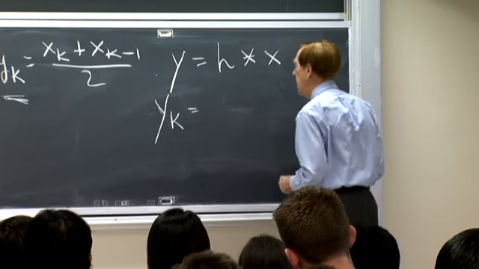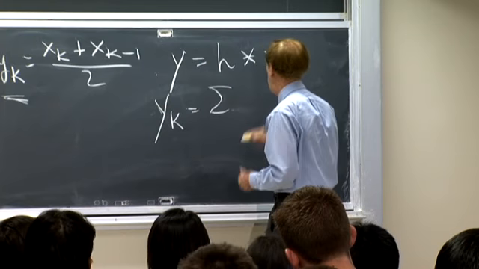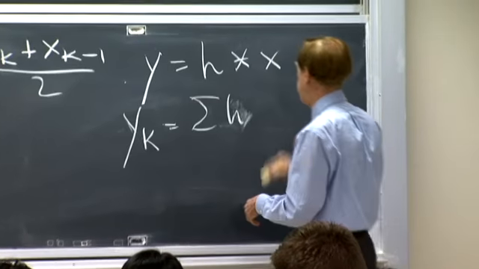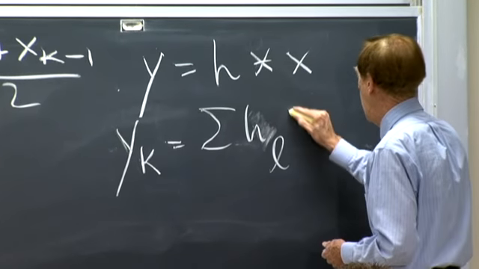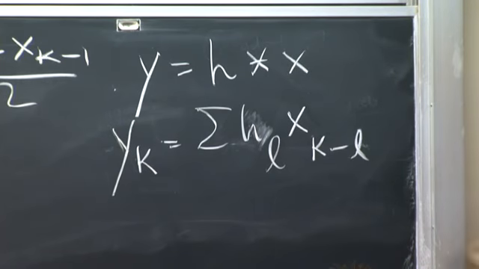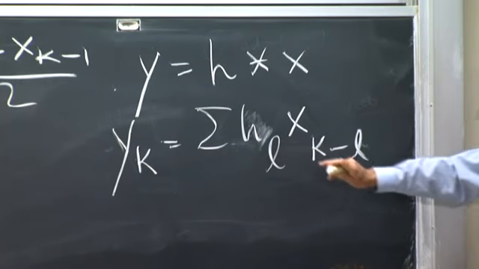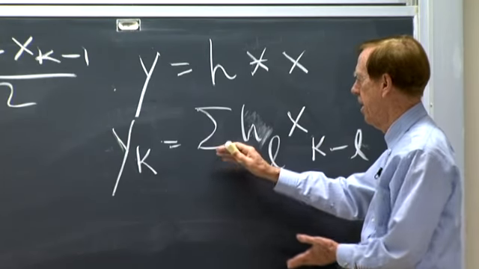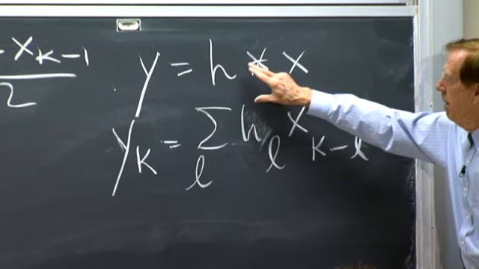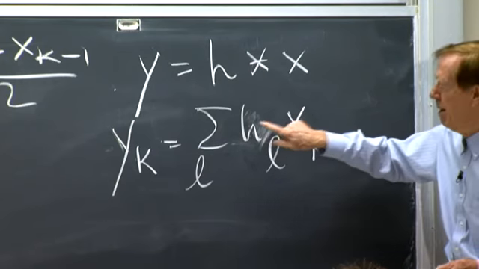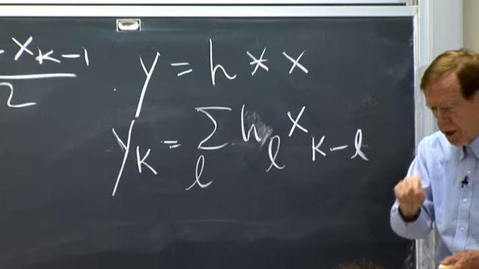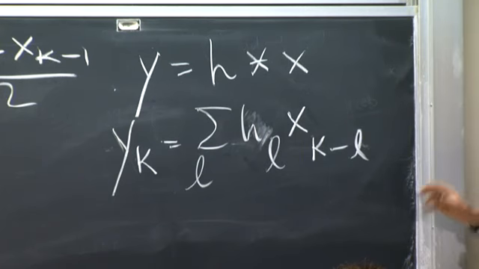A convolution is a sum over all L of h sub L times x sub k minus L. That's what convolution is. This is our famous sum over L. So the filter is defined by these numbers h, these h's, h0, h1, and so on.